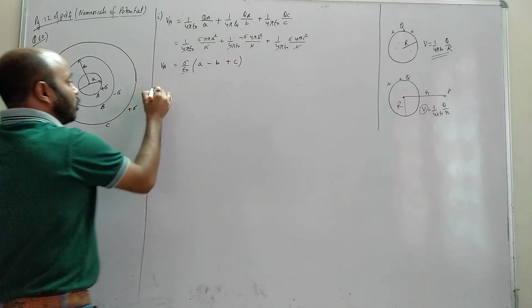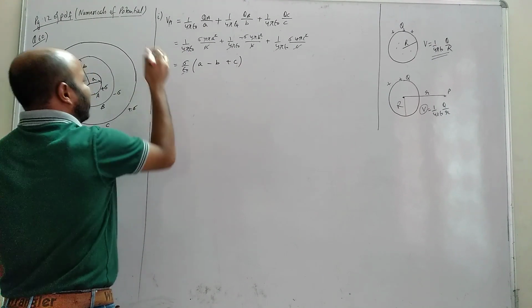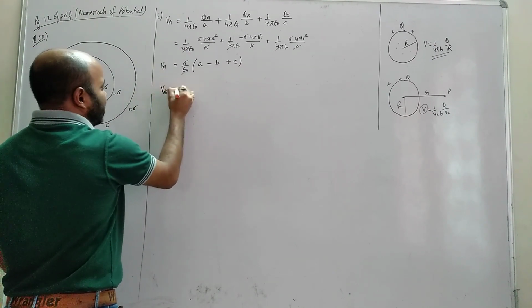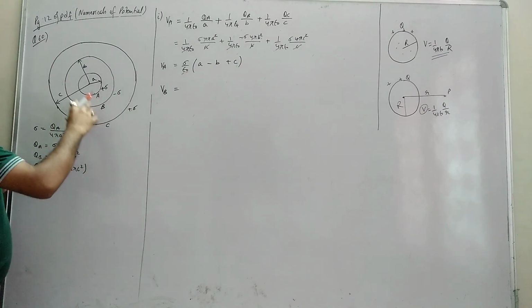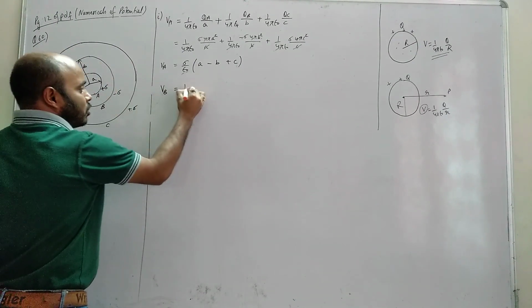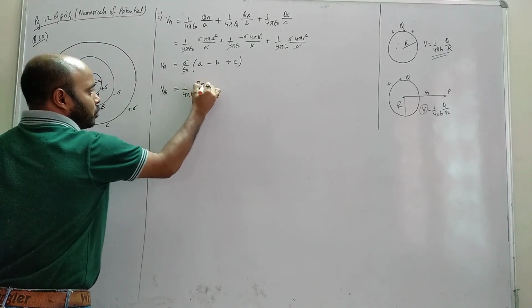Okay, now let's go for the second part. Potential at B. Due to its own charge, it has some potential on its surface. So 1 by 4 pi epsilon due to its own charge.